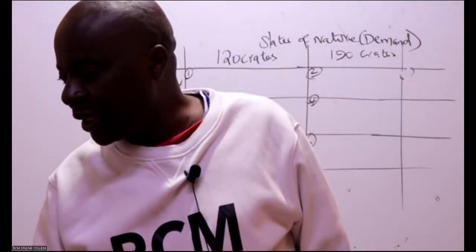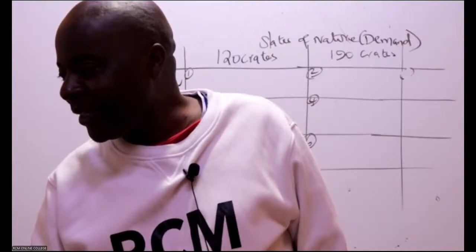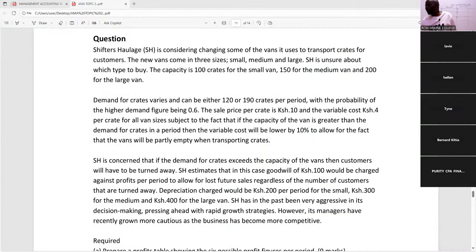As I finish this topic, ladies and gentlemen, the capacity of the vans, you can see small is 100, 150, 200. So the capacity for small is 100. For the medium, we have 150. And then lastly, we have 200 there.